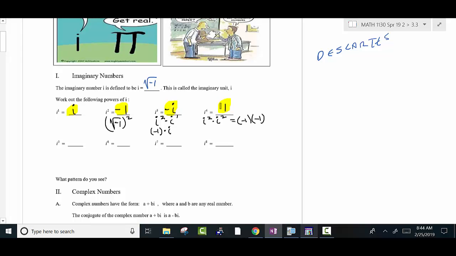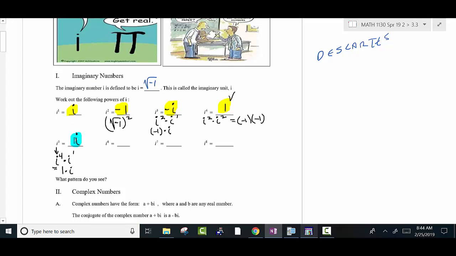I just want to show you what happens as we continue into the bigger exponents. So I'm going to do this row the same way. For i to the fifth, a good easy way is to break it down into i to the fourth times i to the first. I to the fourth is 1, so that's 1 times i, so you're back to i again.